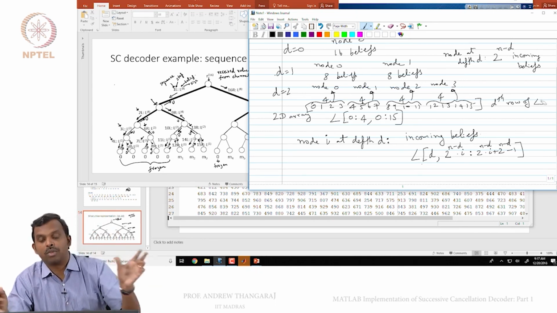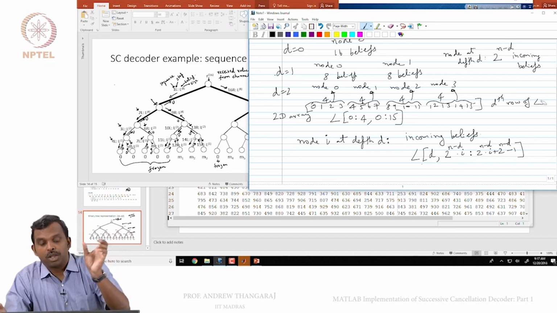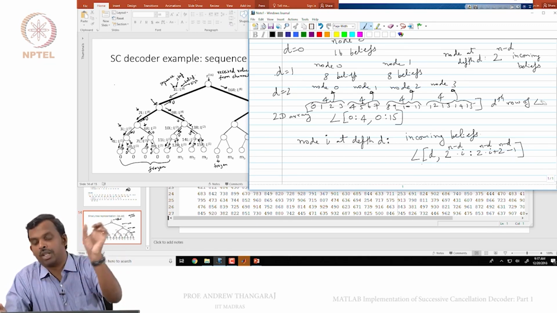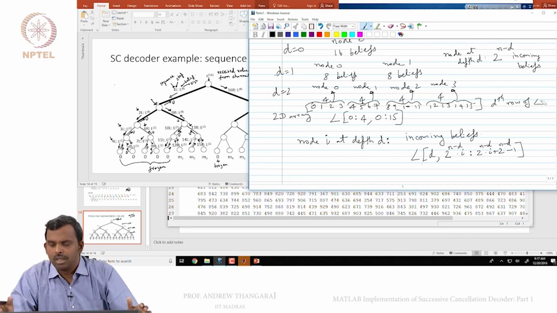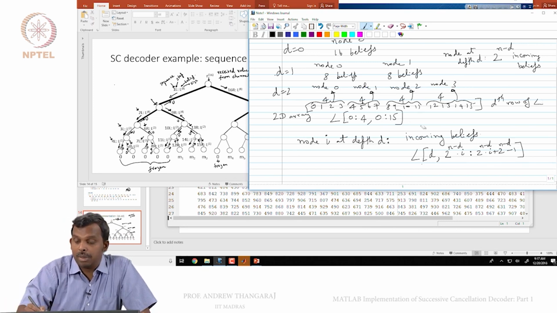So you just group all of them together in one array, but you associate different blocks to different nodes. So this is just for ease of storage, so that we can refer to this when we want to. Okay, hopefully this is clear. So we will use this array L, which will be a 2-dimensional array.